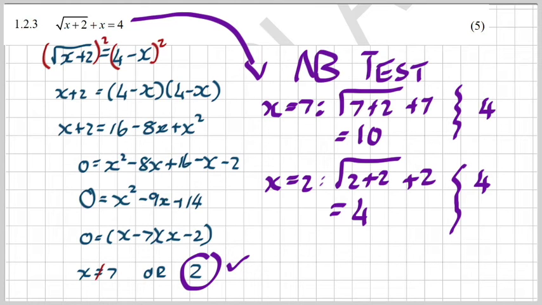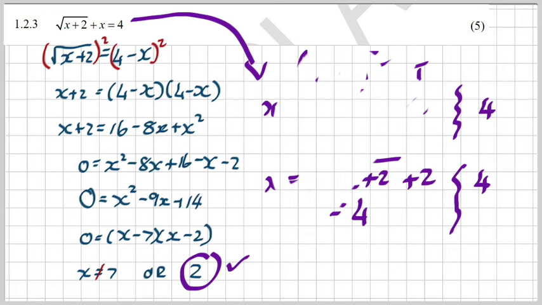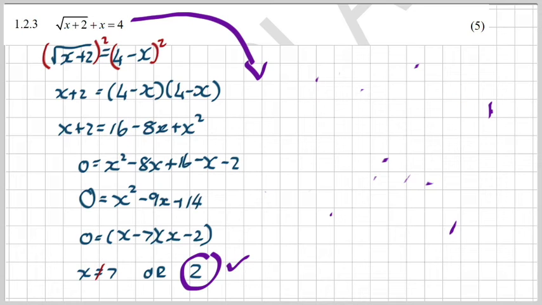So as promised, I'm going to quickly show you why you cannot just square both sides at the beginning. I feel like this is very important for you to understand.